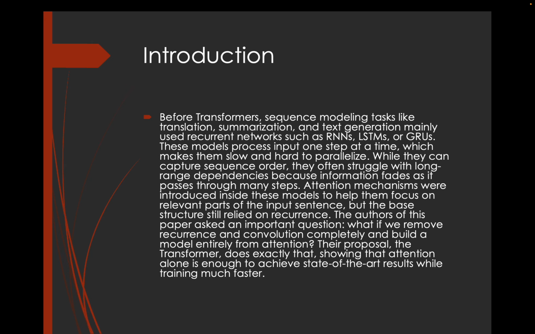While they capture sequence order, they often struggle with long-range dependencies because information fades as it passes through many steps. Attention mechanisms were introduced inside these models to help them focus on relevant parts of the input sequence, but the base structure still relied on recurrence.